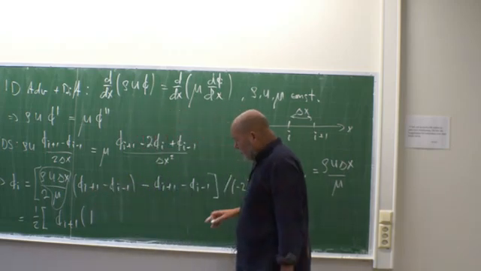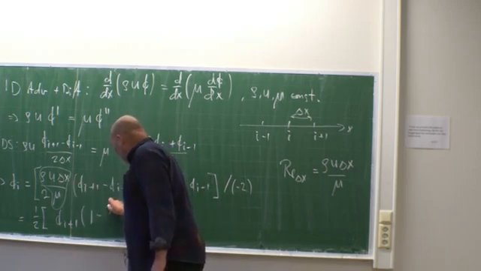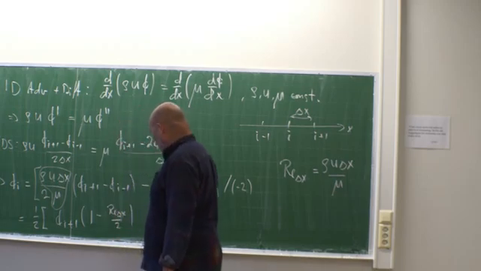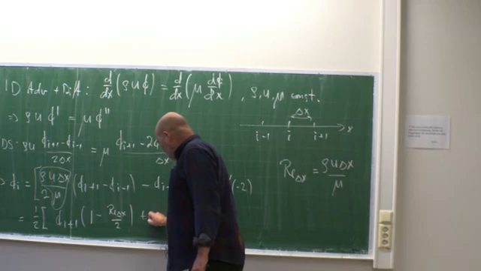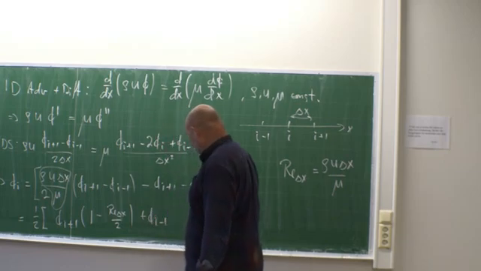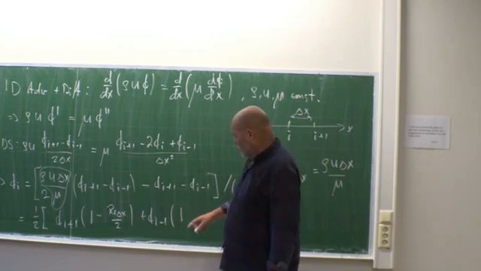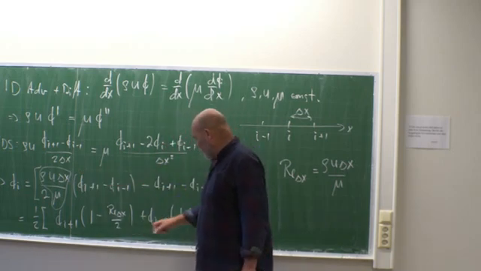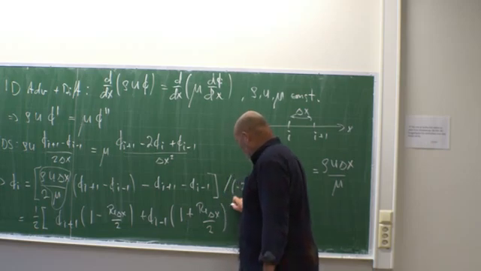But now the minus sign is inside, so I will have 1 minus cell Reynolds number half. Then we have phi I minus 1. What's it multiplied with? I have 1 here, and then minus becomes plus, and I have the same ratio here: cell Reynolds number divided by 2. Here we are.